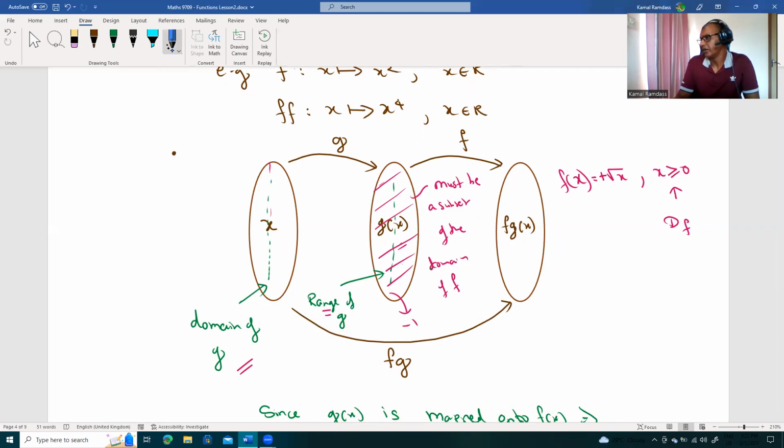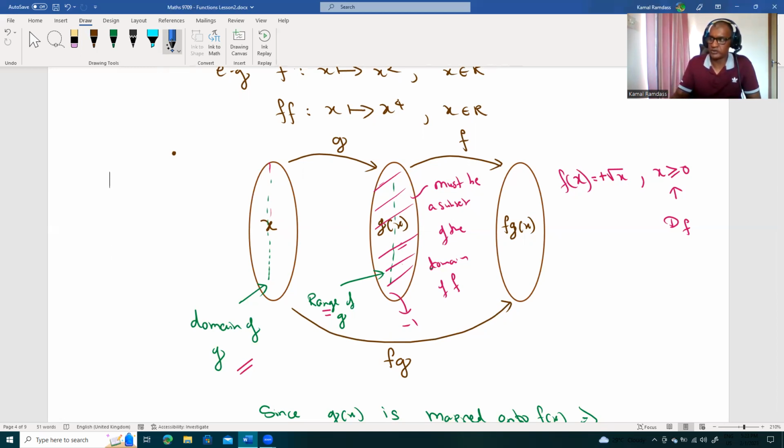OK. Let's take an example. f(x) is equal to plus root of x. f(x) is not equal to plus or minus root of x because it would not be a function. And for a function, remember that any element of the object set is mapped onto one and only one element of the image set.